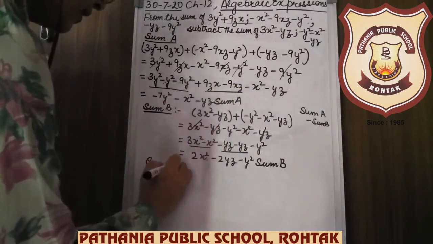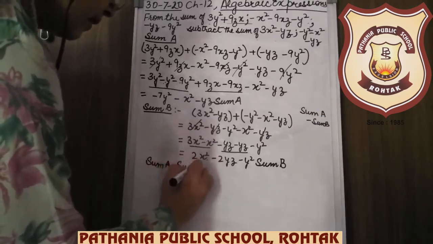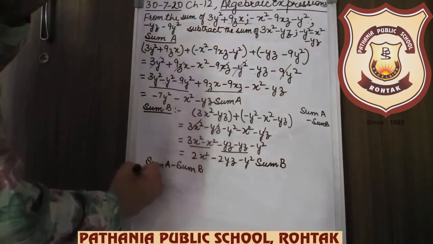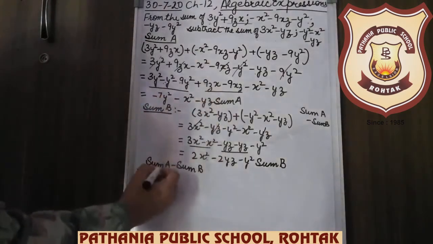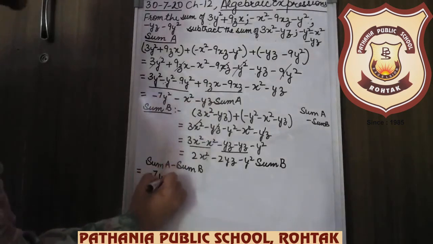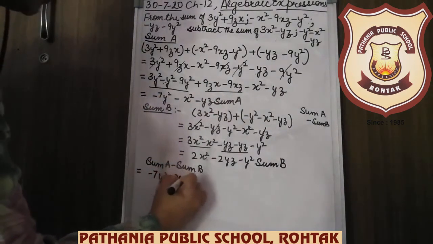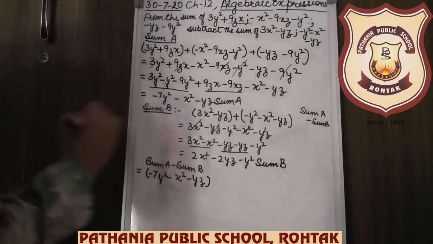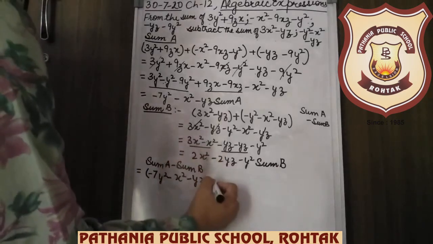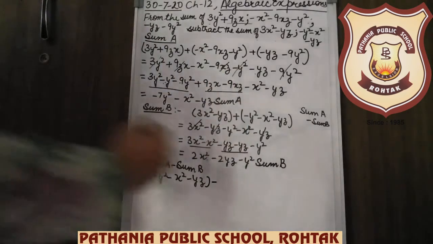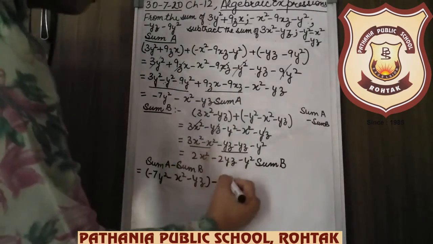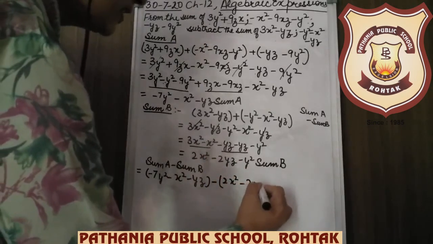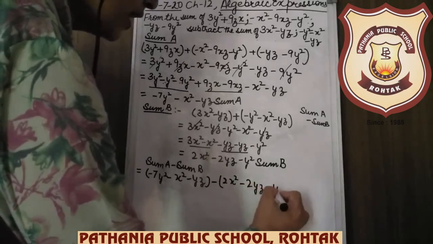Sum A minus sum B. So then it is going to be sum A is minus 7y square minus x square minus yz, put it in bracket, subtract, so negative sign, and what is my sum B? 2x square minus 2yz and minus y square.